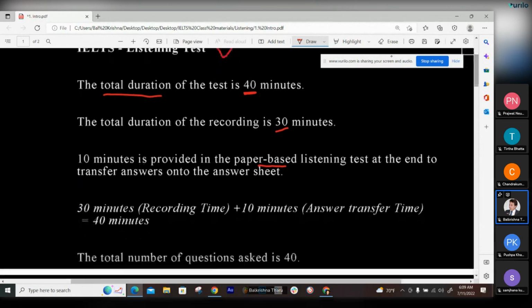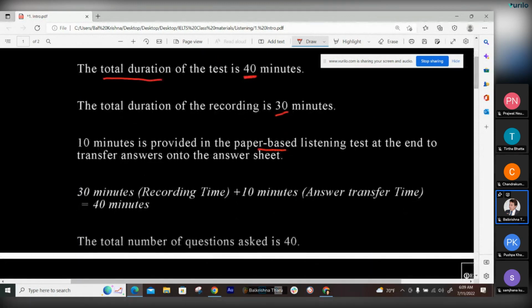So, what is the reason behind 40 minutes? 30 minutes recording time plus 10 minutes answer transfer time. That's 40 minutes.